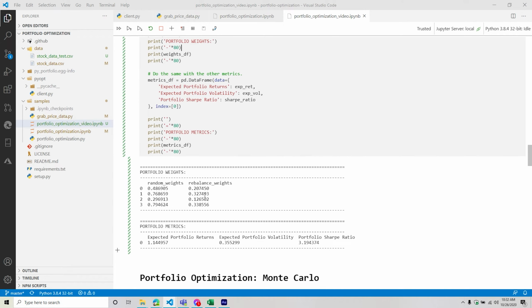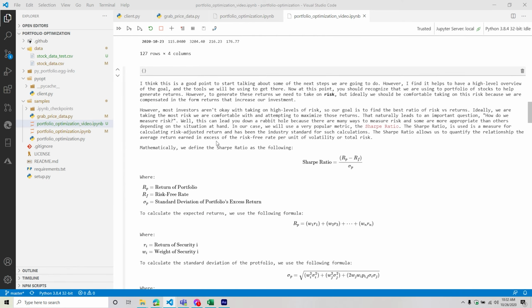We made them where they all sum to 1. So here's our rebalance weights. And then our expected portfolio return is very good. It's apparently 114%. Wow, that's exciting. That's a lot. Then the expected volatility, and then our Sharpe ratio is 3.19. So that's actually really good. I guess for the amount of volatility that we're taking on, that's interesting.